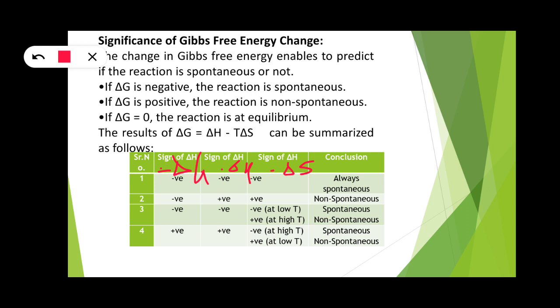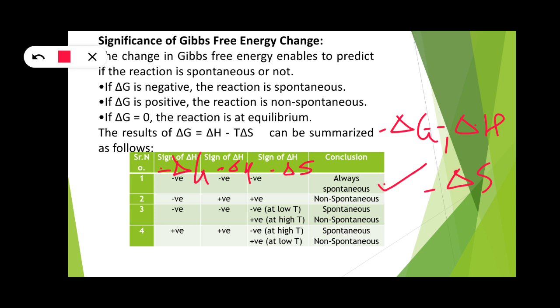Now if the sign of delta G is negative and the sign of delta H is also negative and the sign of delta S is negative, then the reaction is always spontaneous. Remember, if all three terms delta G, delta H and delta S are negative, then obviously that process is spontaneous.